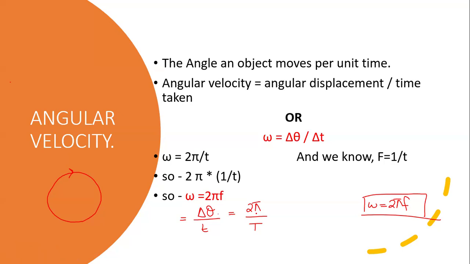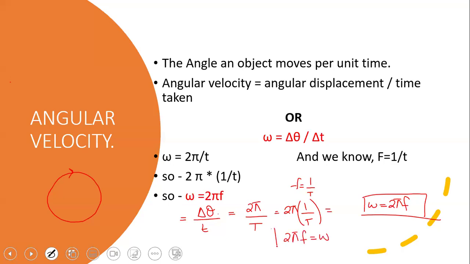Then, obviously, if we're talking about one complete oscillation, then the time taken is going to be the time period. So they said we know frequency is equal to 1 upon time period, so we can easily substitute frequency over here.